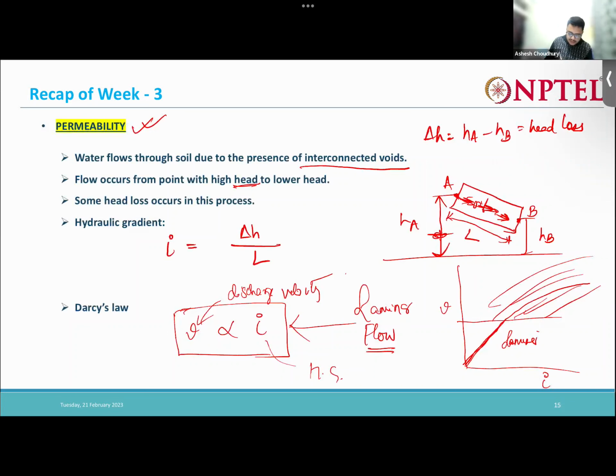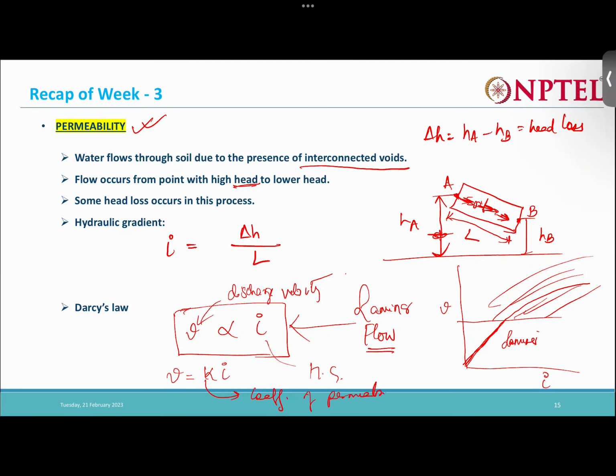Before that, V is proportional to i, so we can write V is equal to Ki. K is a constant, and K is called the coefficient of permeability.